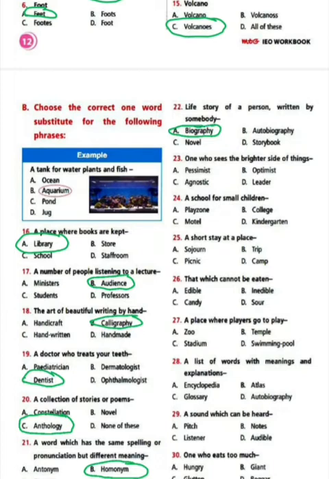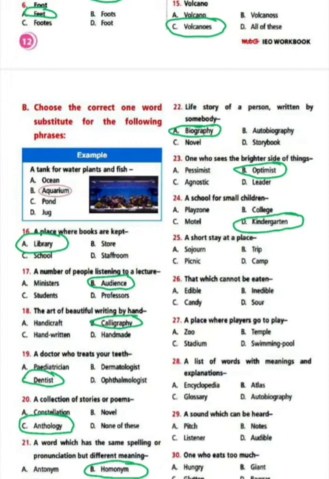Number 23, one who sees the brighter side of things, optimistic, sees always the positive side. A school for small children, 24, is kindergarten. This you must be knowing, you must have been to it also. 25, a short stay at a place: sojourn, trip, picnic, or camp.